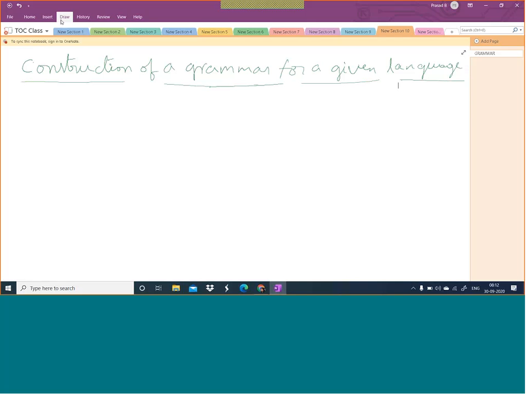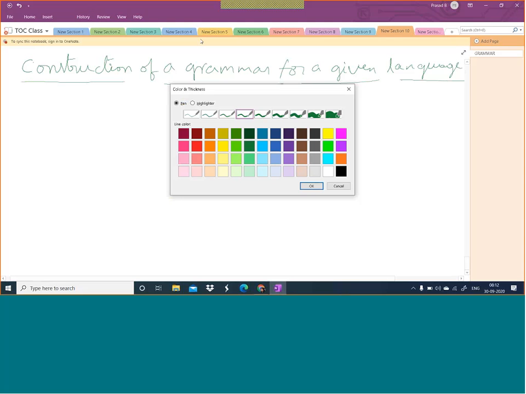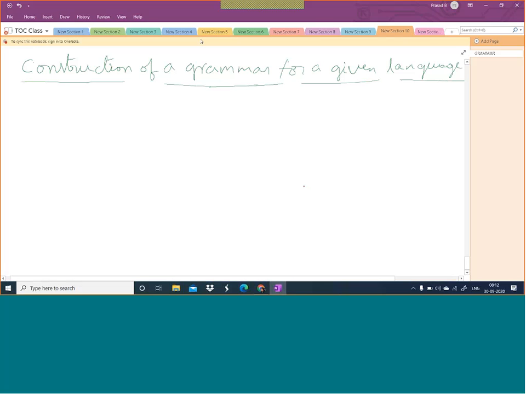Now take the question. Construct a grammar which can generate all palindromes over the set {A, B}.